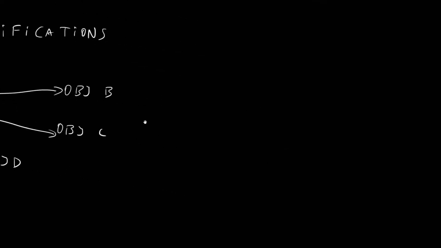Now, the naive way of doing this would be that inside of A, you have basically a list, or some kind of reference of all the things that want to be notified. So A needs to know about B, about C, and about D, right? So then we have B, C, and D here.